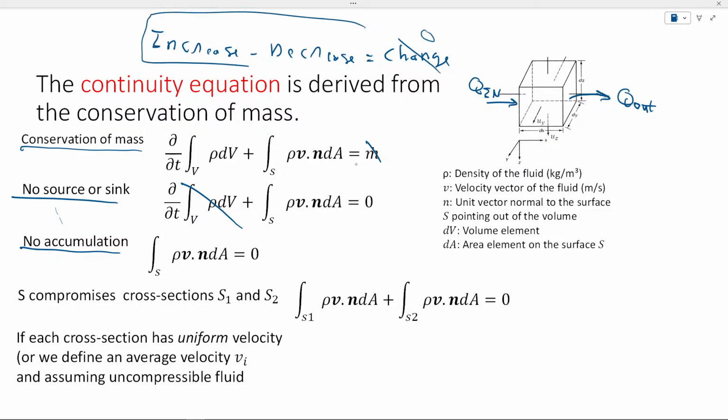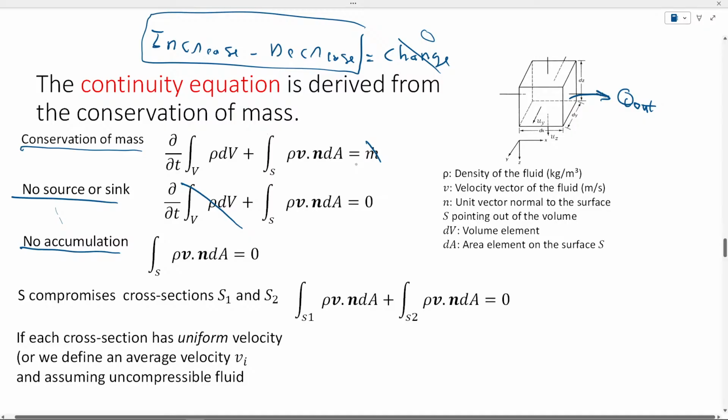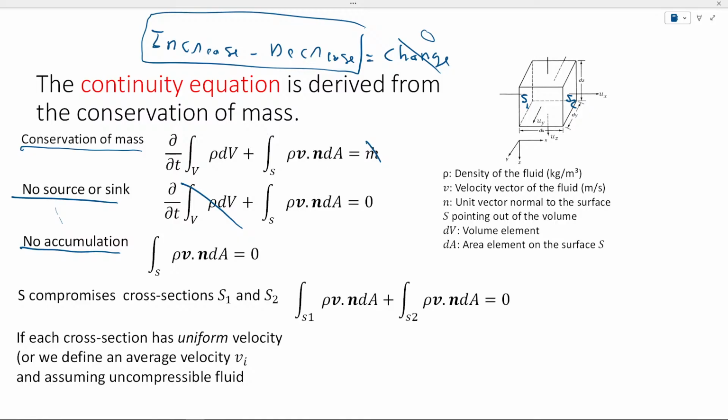I have only these two terms, and these two comprise S1 and S2. S1 is my surface 1, and S2 is my surface 2 here. I can express this as my two surfaces, so I have one equation for this one and another equation for this one.